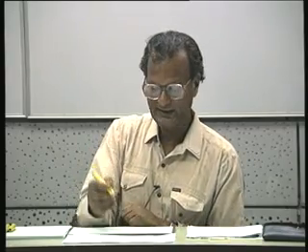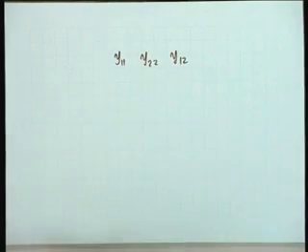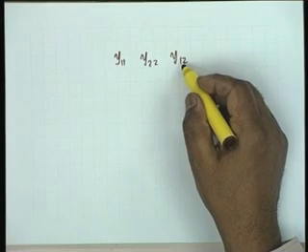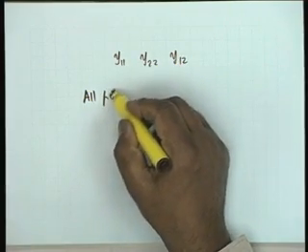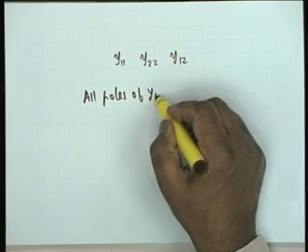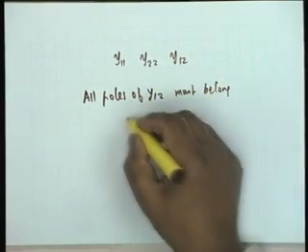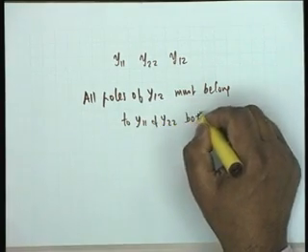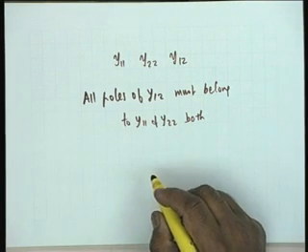In a similar manner, you can show that if you take the y11, y22 and y12 parameters, all poles of y12 must also belong to y11 and y22 both, but the reverse statement is not necessarily true.